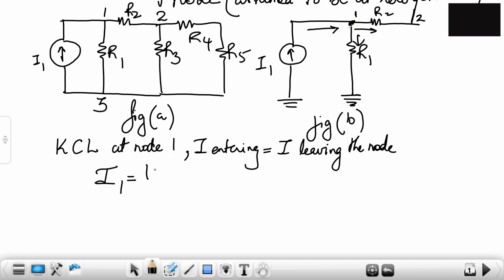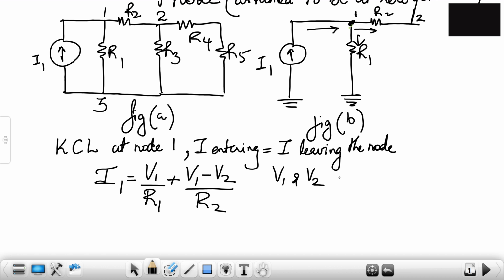So I1 is equal to V1 upon R1 plus V1 minus V2 upon R2. V1 and V2 are voltages at node 1 and 2 respectively. This is with respect to node 1.